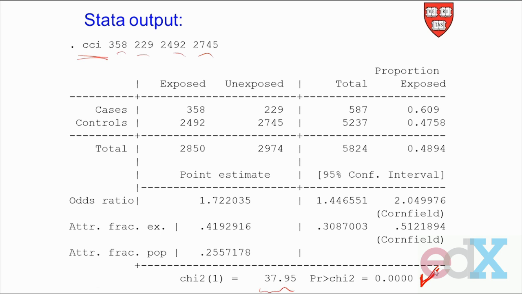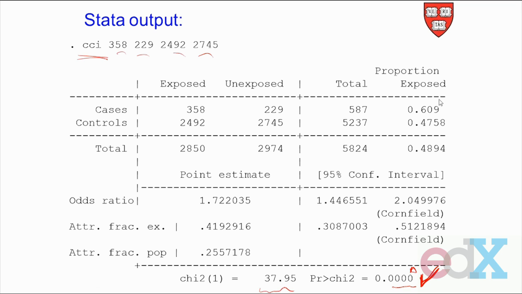Here it says the p-value is 0.0000, which is their cute way of saying it's less than 0.00005. Otherwise, if it was greater than that, this would be a 1, and it's not, it's a 0. So this means that it's less than 0.00005. But anyway, there it is.